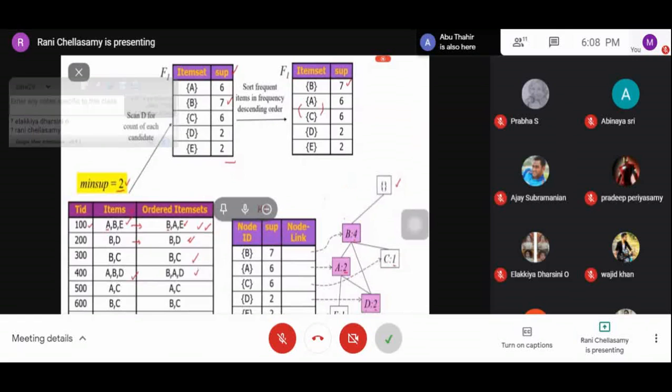I think you might have, is there any doubt, or are you able to follow this? If there are any doubts, you can ask.